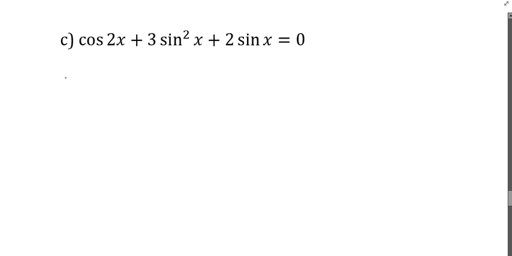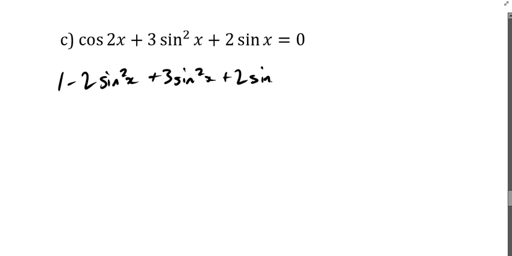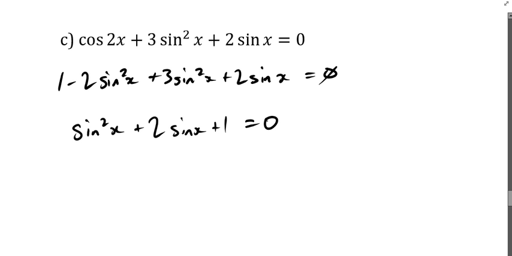Something to think about. So this one works out to 1 minus 2 sine squared x plus 3 sine squared x plus 2 sine x equals 0. 3 sine squared x minus 2 sine squared x is sine squared x, plus 2 sine x plus 1 equals 0.